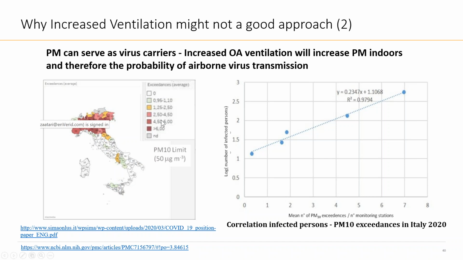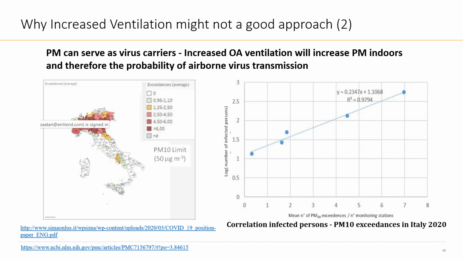What happened is that these researchers say, if you look at this graph, there is a positive correlation between the number of infected people and the number of times the pollution limits were exceeded. In other words, particulate matter, and we're talking here about particulate matter of 10 microns or less, can serve as carriers or a boost for this virus.